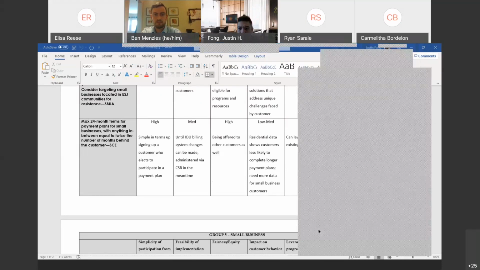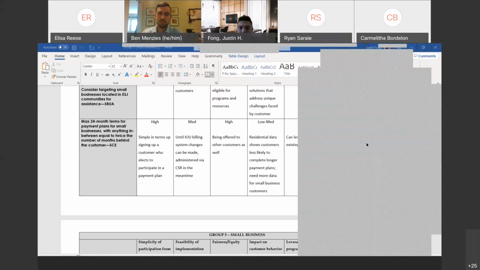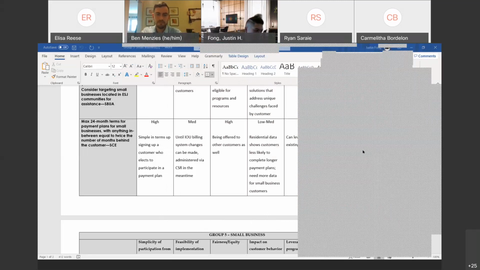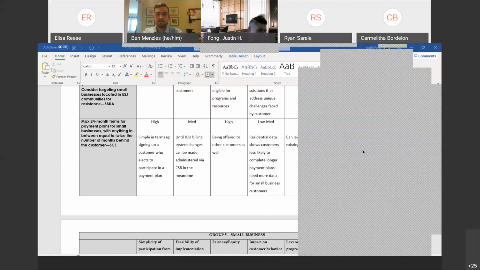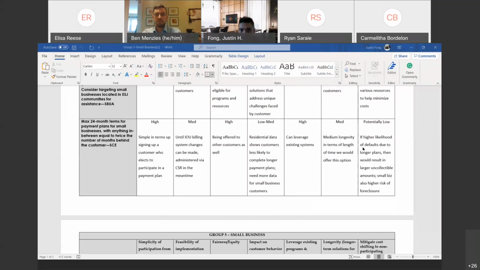This will have a cap of 24 months. So any customers with 12 or more months in arrears will receive a 24-month payment arrangement. The criteria were high, simple for the customer to call and say, I need a payment arrangement.